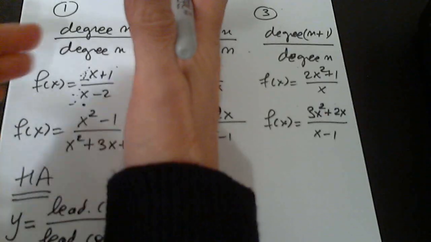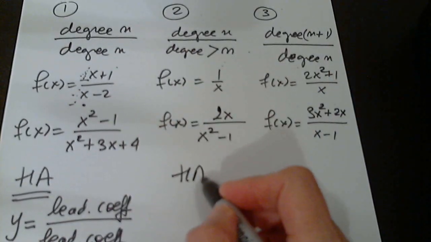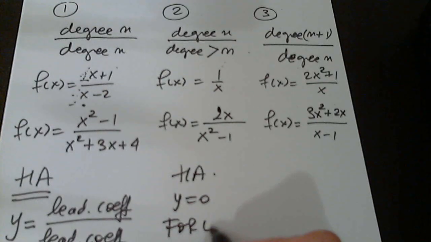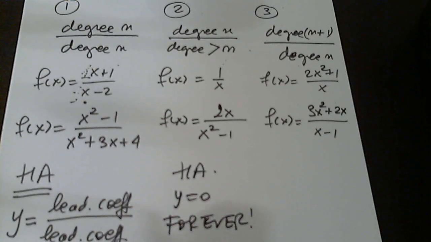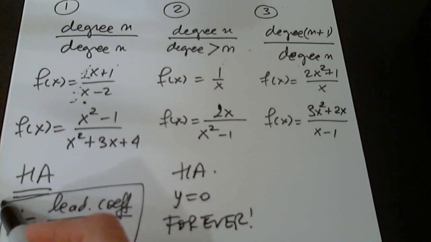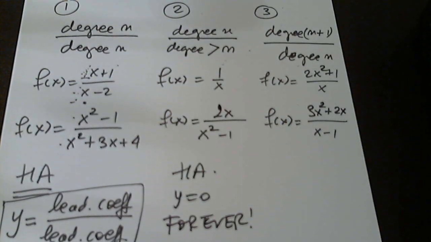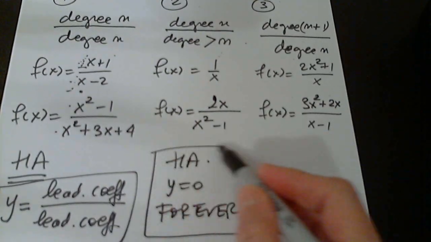That's characteristic here. Same degree over same degree. What is here? Horizontal asymptote, y equals 0 forever. I don't have to calculate anything. Here I have to calculate. I have to divide the leading coefficient over the leading coefficient, and that's the horizontal asymptote. Here, when the degree is higher in the denominator, no calculation is required.